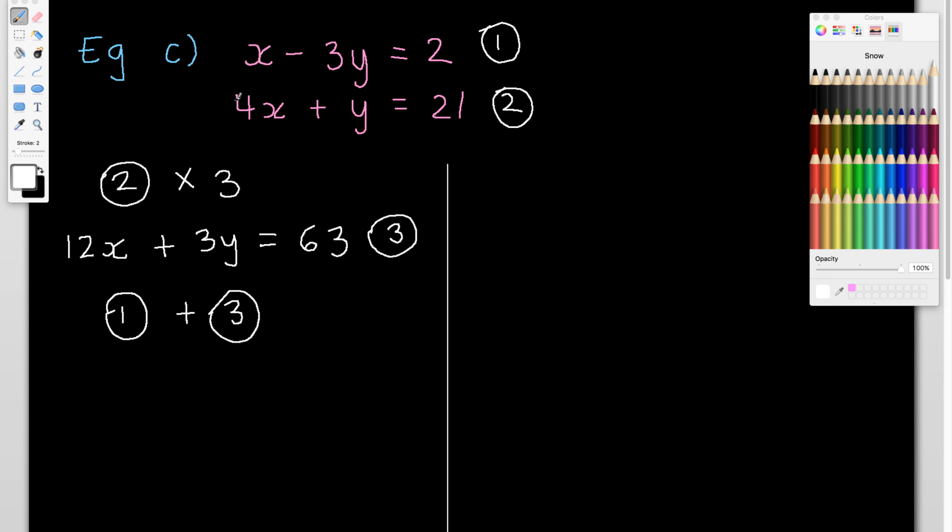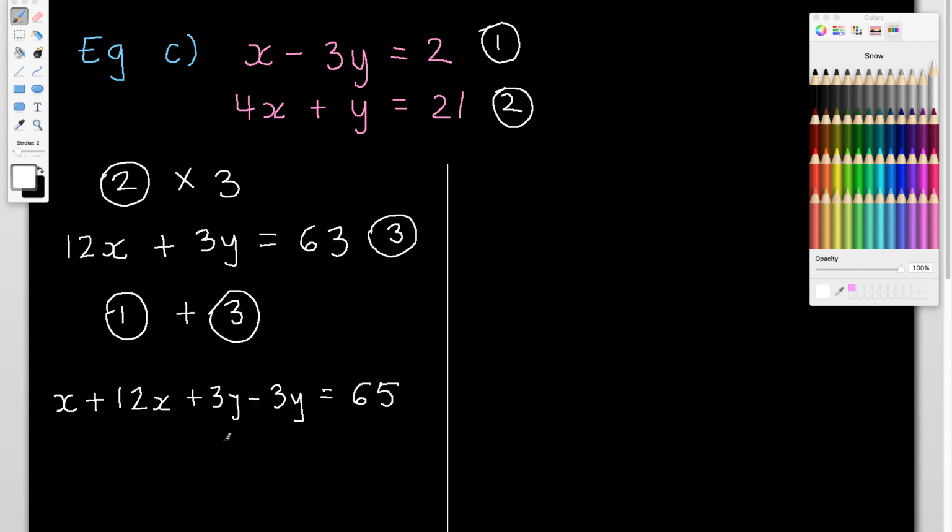So in equation 1, I've got x. In equation 3, I've got 12x. So they're going to add together. Then, of course, I've got minus 3y, plus 3y. And in equation 1, I've got 2 on the right-hand side, and I've got 63. So that's going to be equal to 65.